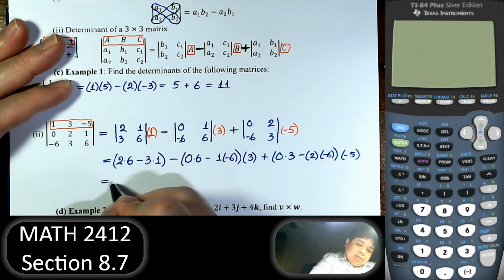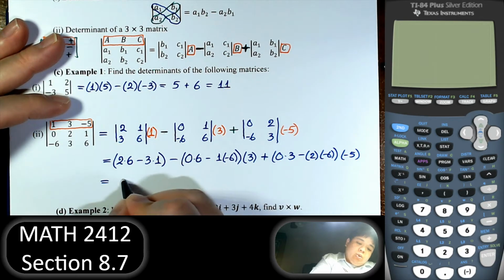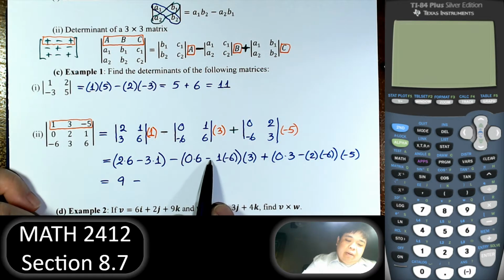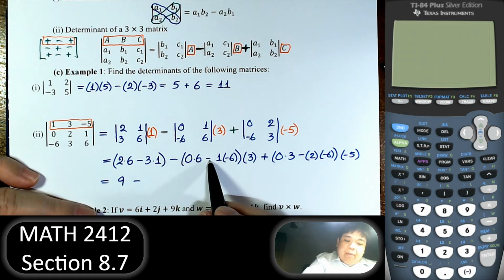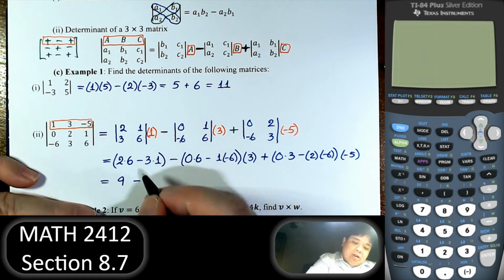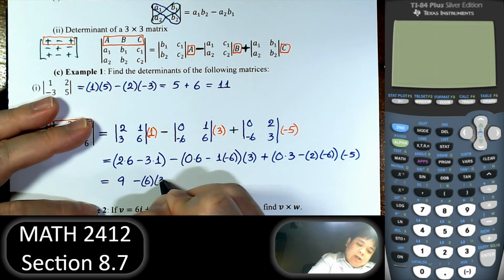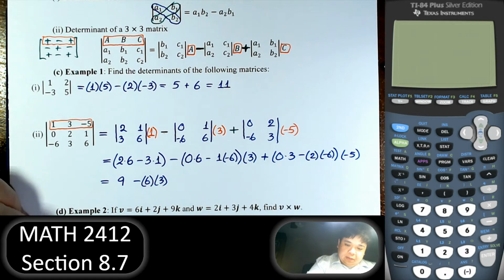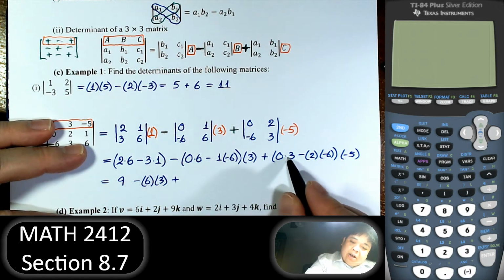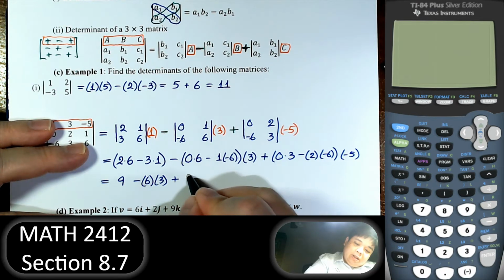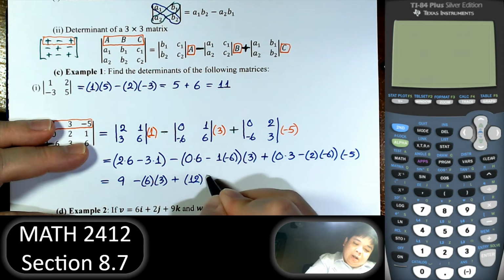Right, 2 times 6 is 12, minus 3 is 9, minus 0 minus -6, so this is positive 6 times 3, and then plus, that's 0 minus, so that is 12 times -5.